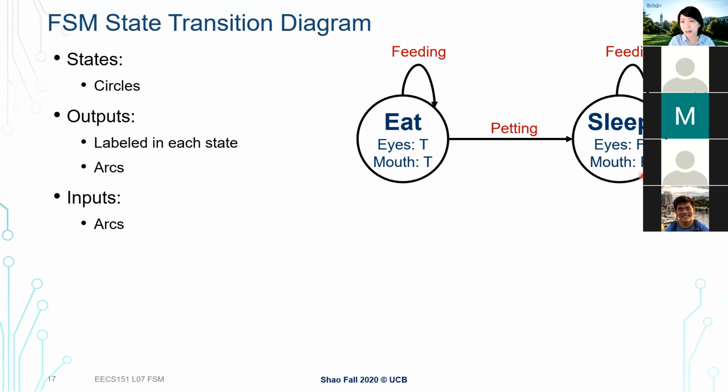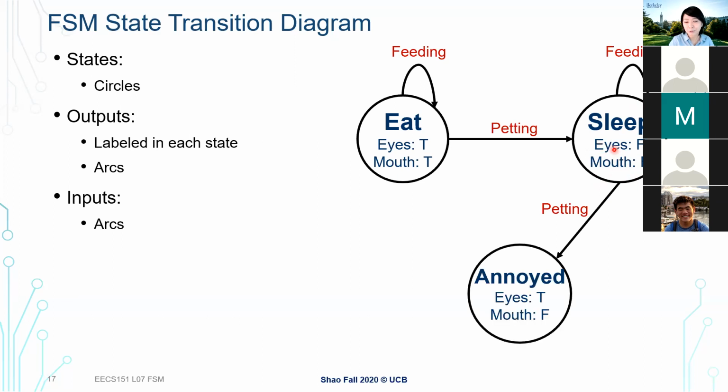If we keep feeding, it doesn't break the cycle; it will still be in the sleeping mode. The cat is very sleepy. But while the cat is sleepy, if you are still trying to pet the cat, that's when the cat transitions to the annoyed mode. You're not supposed to touch me anymore. So here in the annoyed state, a different state, what are the externally visible outputs?